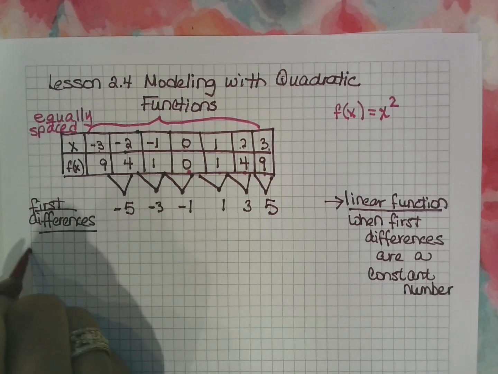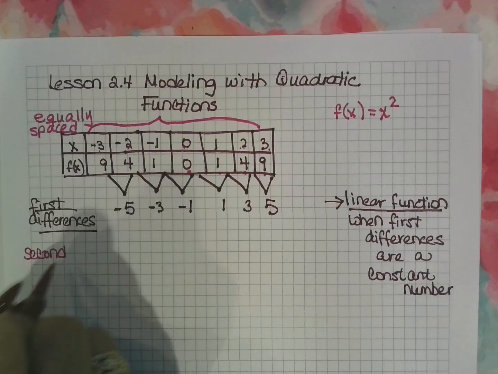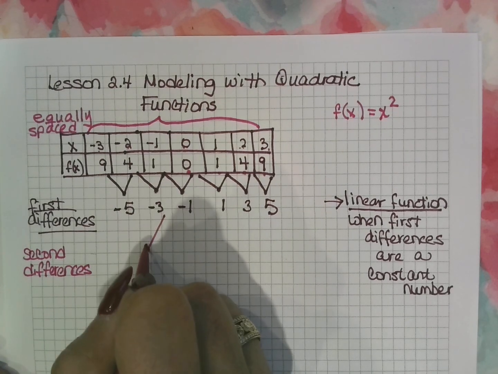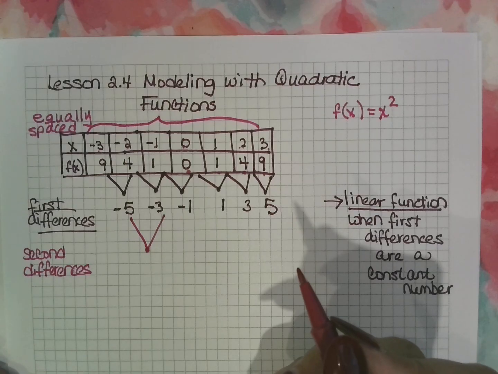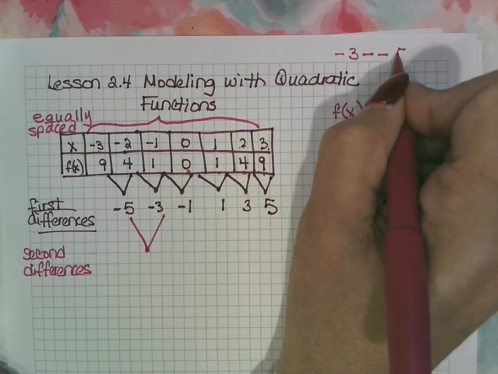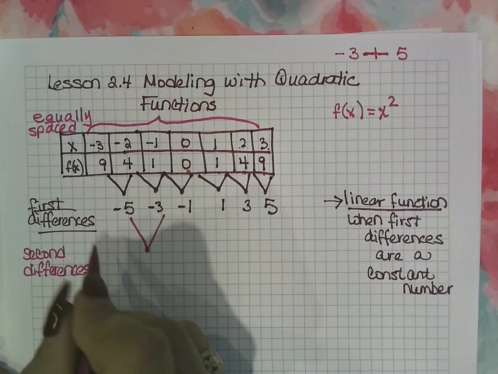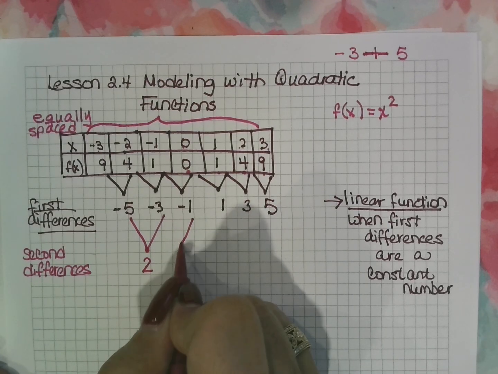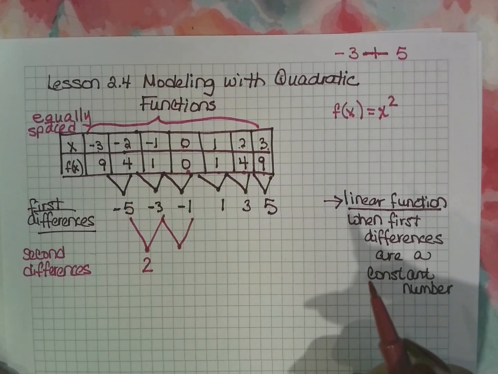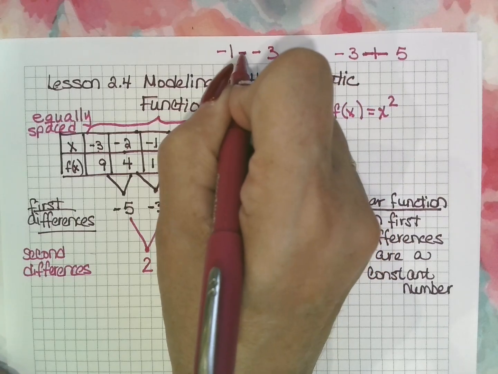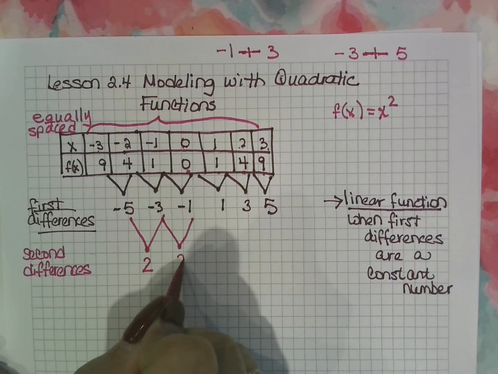So we're going to do what's called taking the second differences, and then we're going to do -3 minus -5. Okay, now make sure you get that. -3 minus -5. This is going to become a plus. So -3 plus 5, that's going to be +2. Then we're going to do -1 minus -3. Again, you're going to get +2.